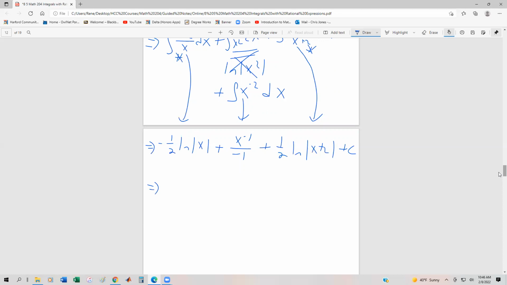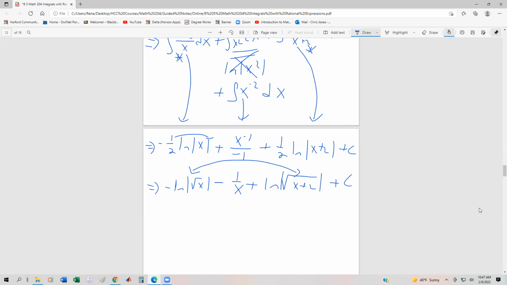Another possible solution is we could write this as the opposite of ln absolute square root x, because we have the 1/2 power, minus 1 over x, if we were to simplify that second term, and then finally plus natural log square root of x plus 2, plus C. And then finally, we have these two ln's.